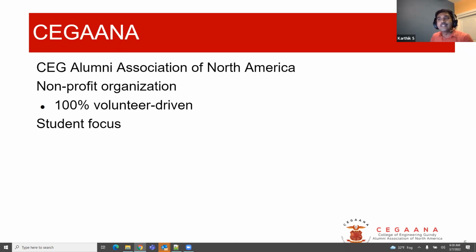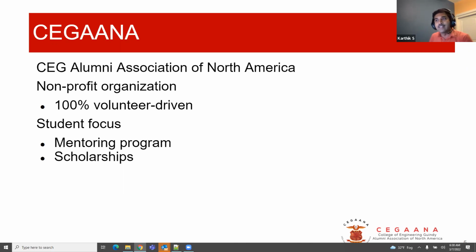Many activities are student-focused. We run a mentoring program called ASAN Agent. We support students with scholarships in collaboration with the Knowledge Foundation in Chennai, as well as many batch-driven scholarships.